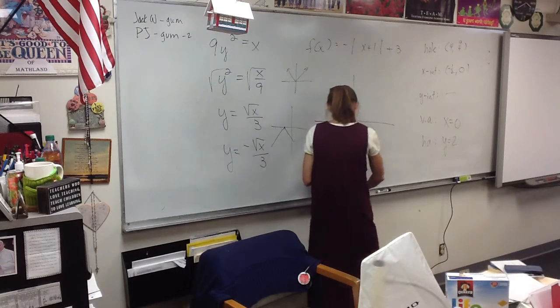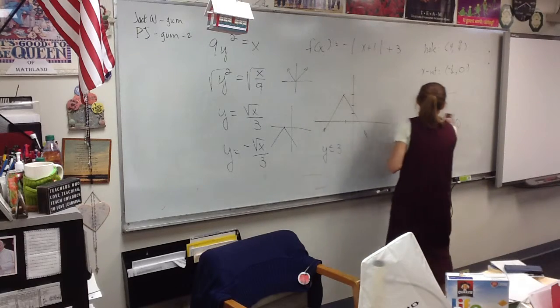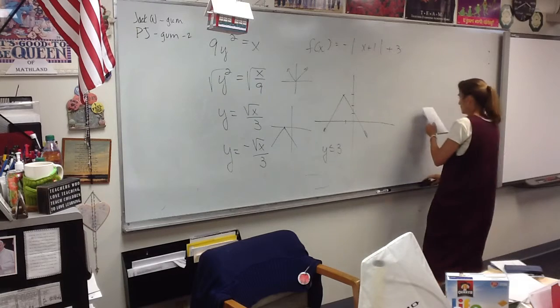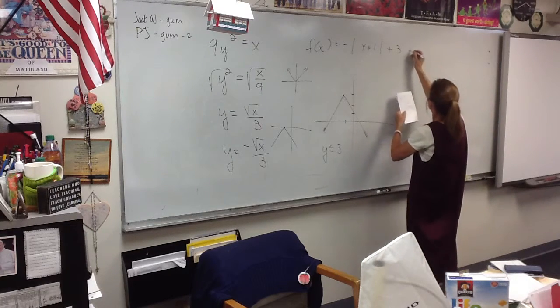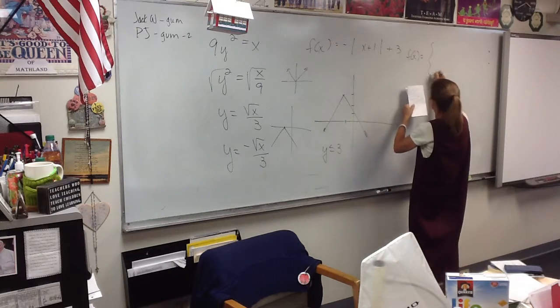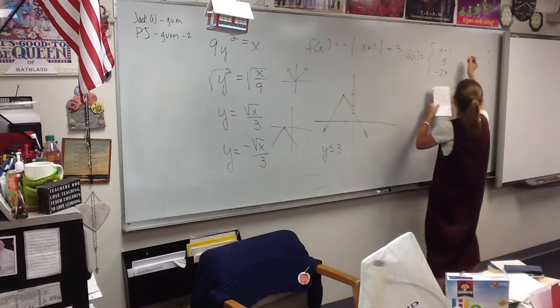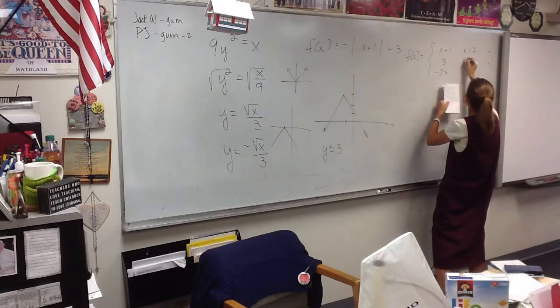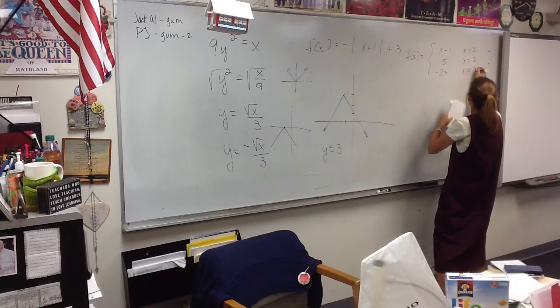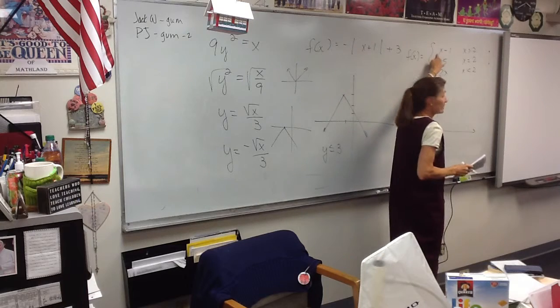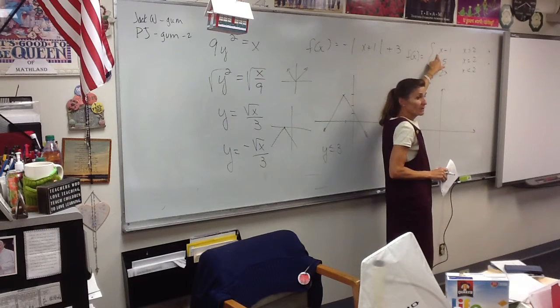Piecewise function. What shape have we got right here? What about the line?